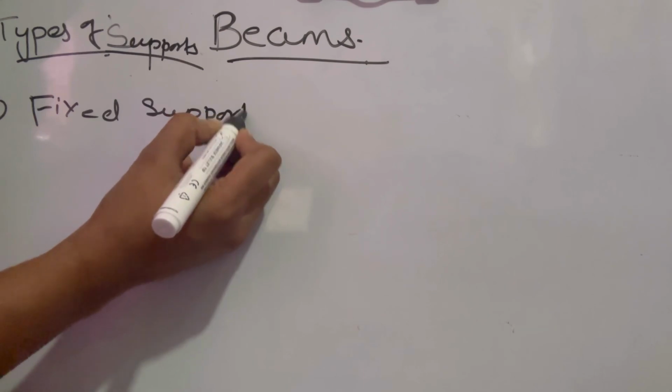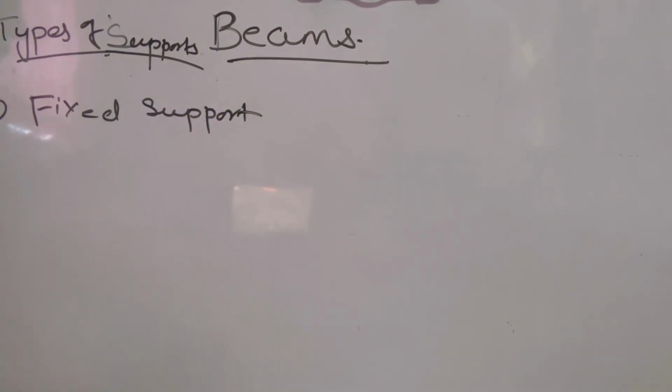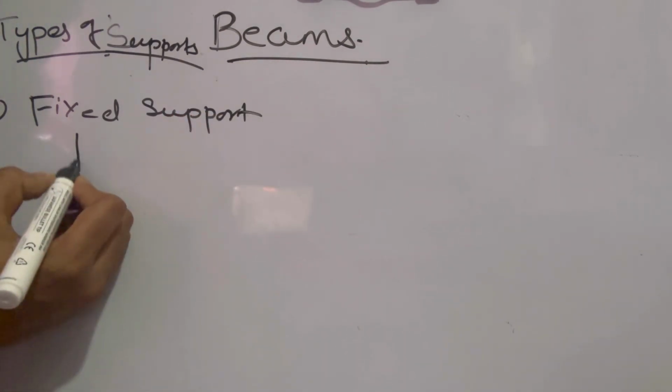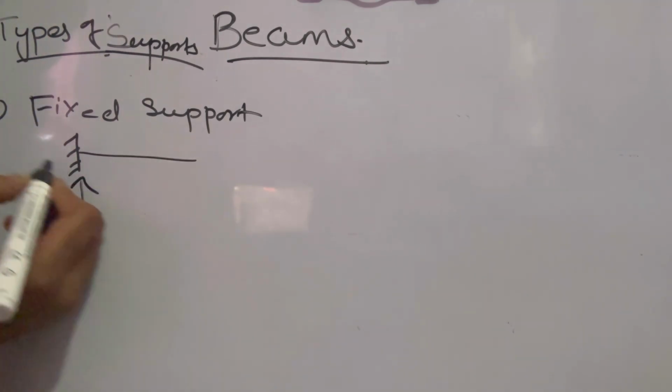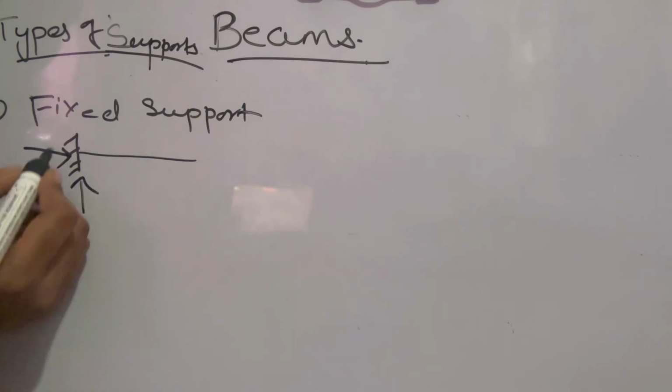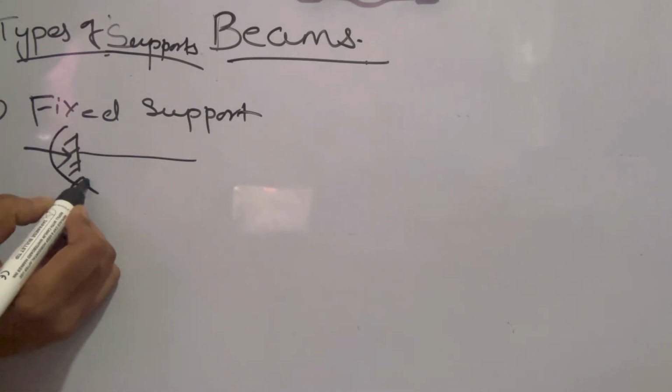In the fixed support, the support is fixed in all three directions, so there will not be any movement. So we have three reactions in the fixed support: horizontal reaction, vertical reaction and the moment.